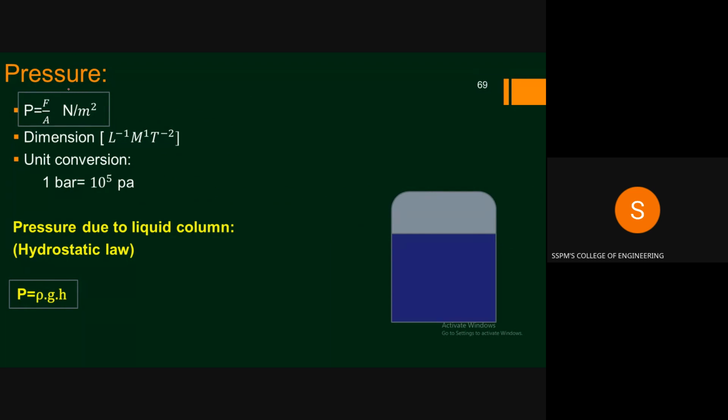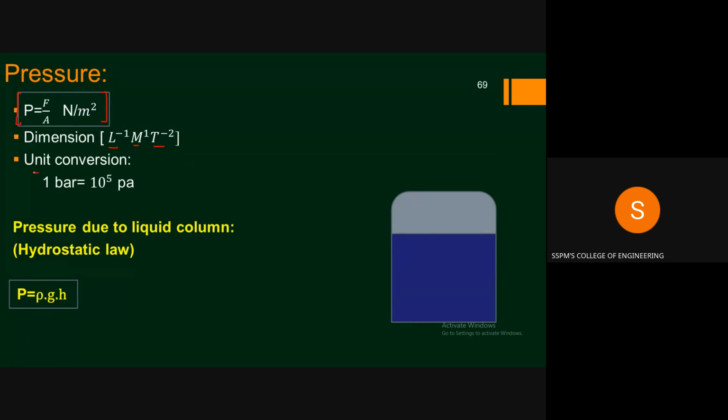Now when the fluid is at rest, we can measure the pressure by this formula: P is equal to force per unit area. If force is in Newtons and area is taken in square meters, the unit is Newton per meter square. The dimension for pressure is L^-1 M^1 T^-2.